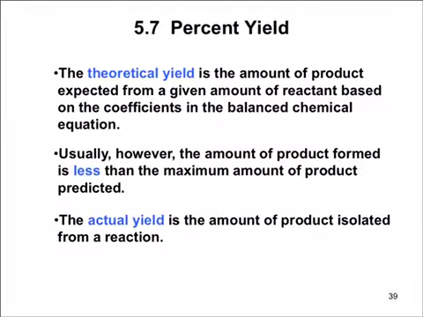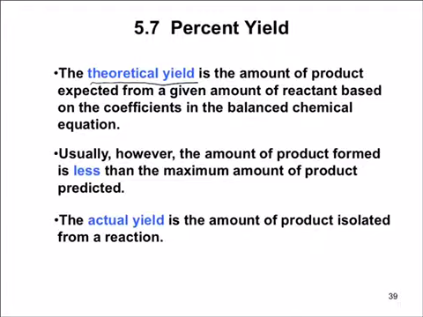All right, so that problem we just did said if I have 14 grams of ethylene, I'm going to make 23 grams of ethanol. That is what we would call the theoretical yield. This is what we would get if theory holds up and all of our ethylene gets converted into ethanol. However, that is often not the case. There's lots of different things that could happen. I could lose some of my product due to overheating or evaporation.